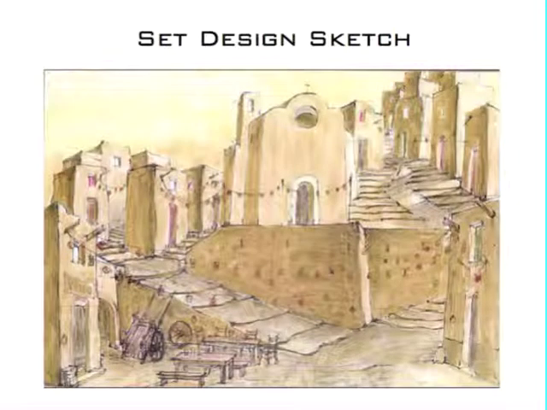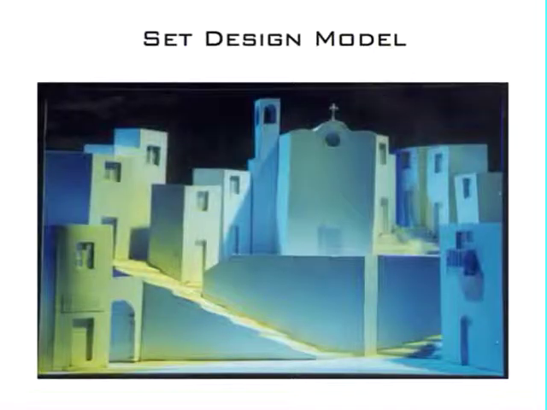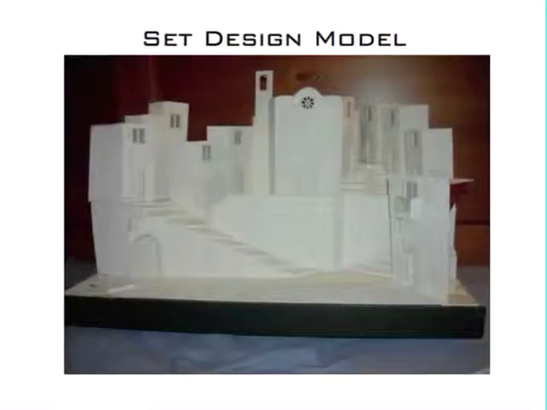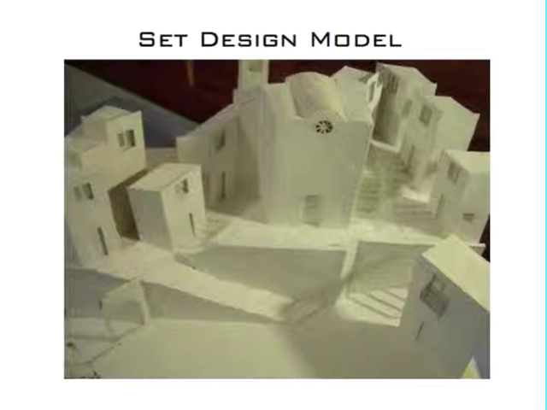Now let's follow a full design process from a rough sketch to a white model under lights. But then let's see how this was actually built. When we look at the front, it looks like a pretty nice white model. Right amount of details, steps are built, railings are built, doors are built.